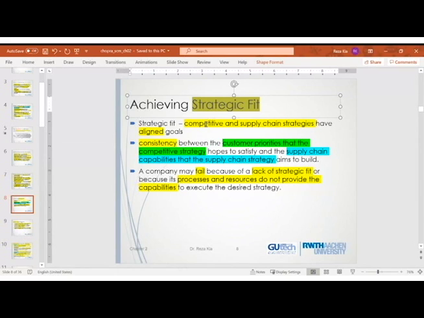The customer has some priority if they want to purchase something from you. In your supply chain, you should be capable enough, your performance should be remarkable enough to absorb those customers. If there is a mismatch between customer priority and your capability, it means that you are lacking a strategic fit, and then you will be doomed to fail.